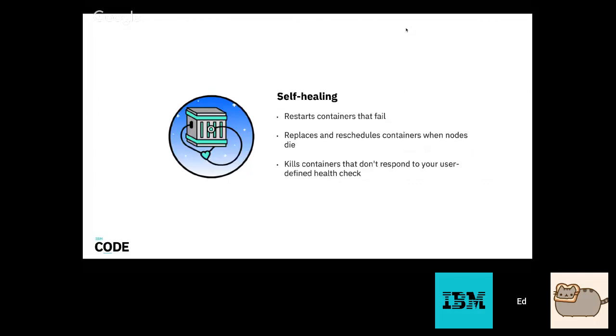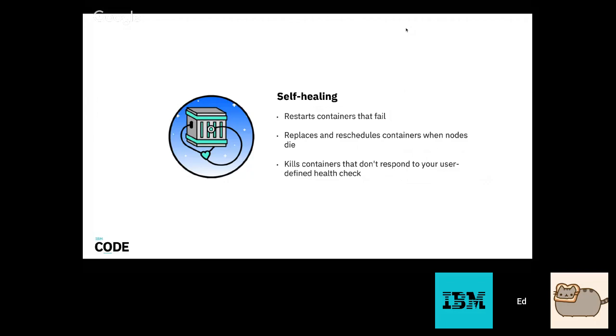Another thing Kubernetes does is self-heal. It has a concept of a health check, and you can define what it is that it's checking on your application. It will restart containers that fail those health checks. It will replace and reschedule containers if a whole node dies.